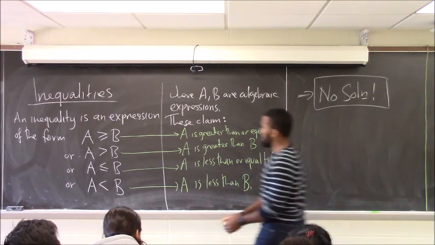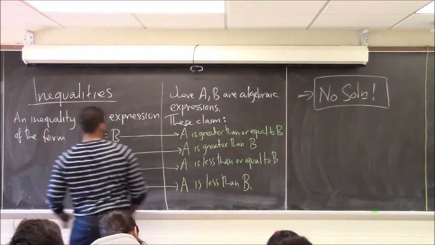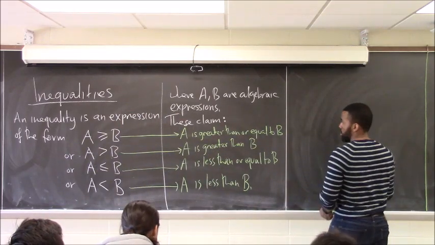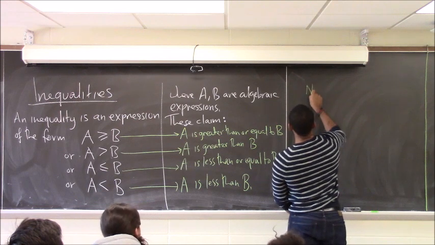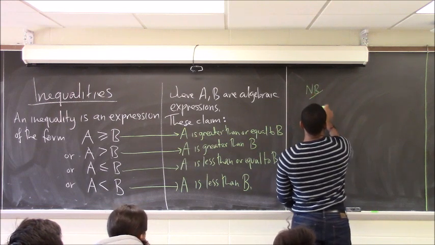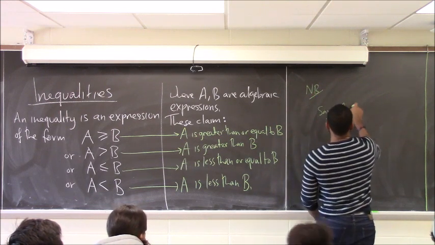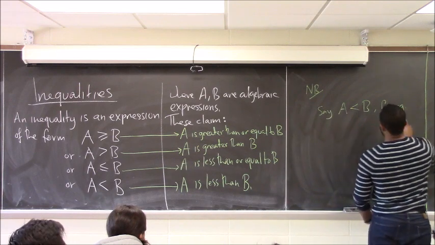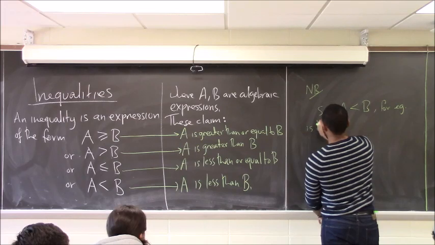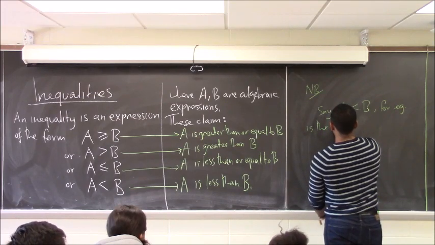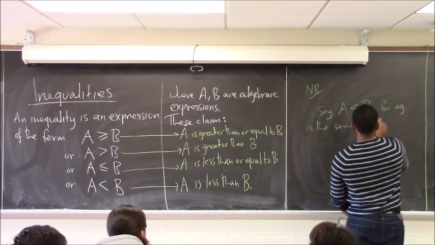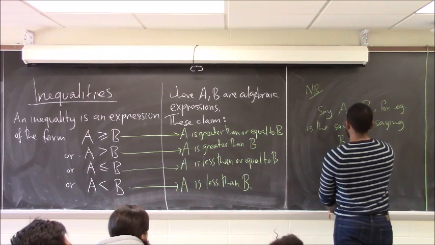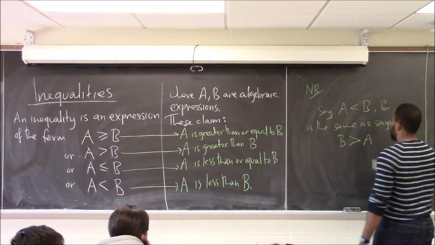You can also know that you automatically know the reverse relationship. You should also know that saying A is less than B, for example, is the same as saying B is greater than A.